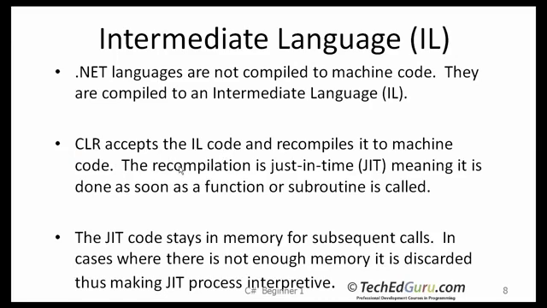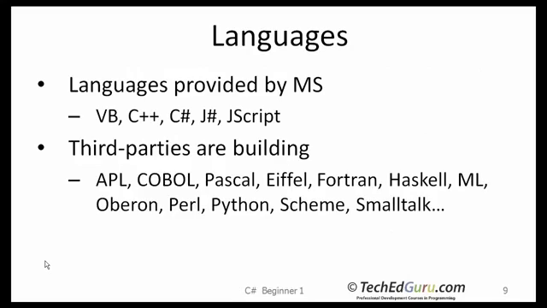The recompilation is just in time, meaning it is done as soon as the function or the subroutine is called. The just-in-time compiler, the JIT code, stays in memory for subsequent calls. In cases where there is not enough memory, it is discarded, thus making JIT process interpretive.